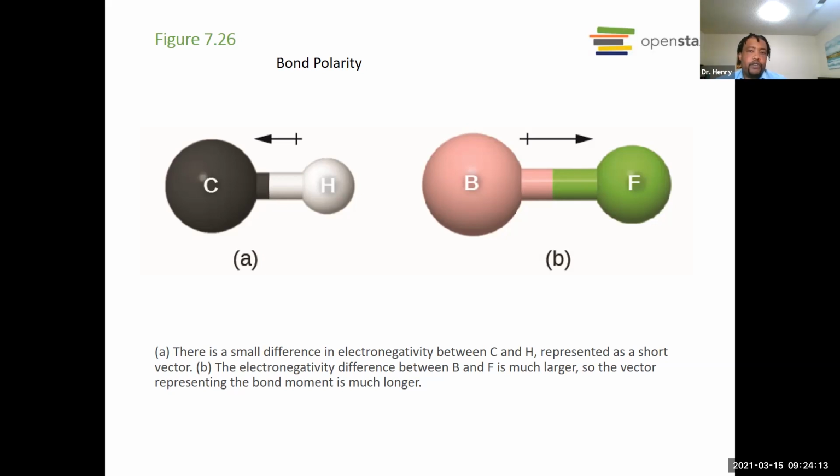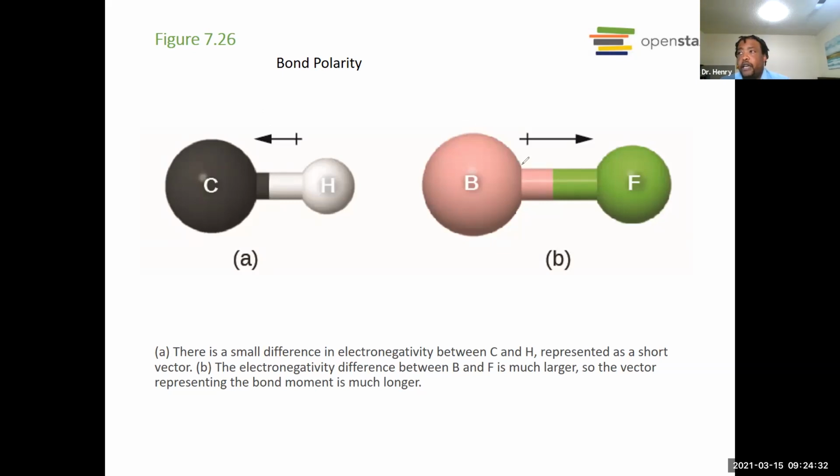So they're about even. There's going to be a very slight pull towards carbon, but not much of a difference that really shifts where the electron is going.